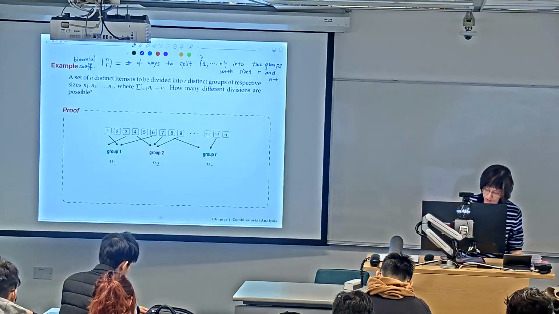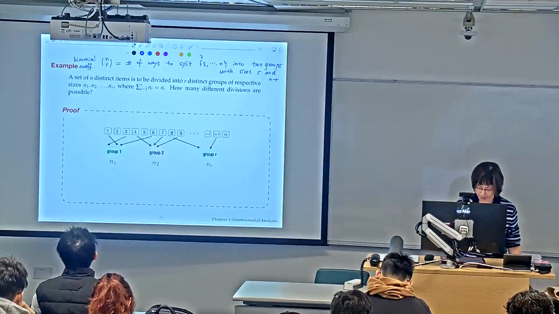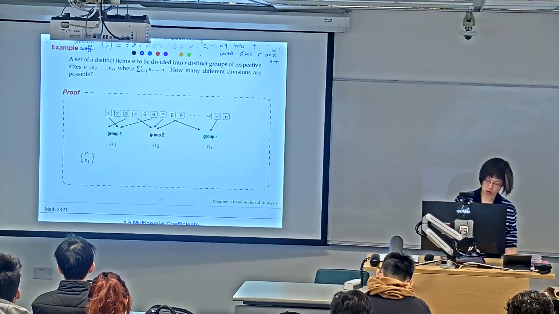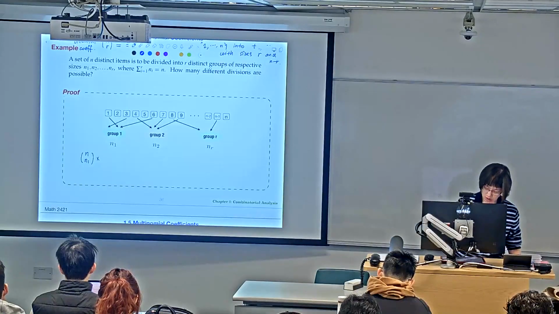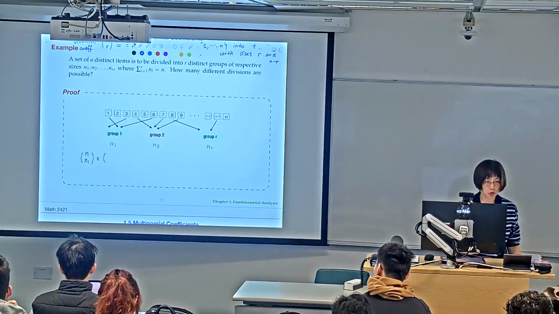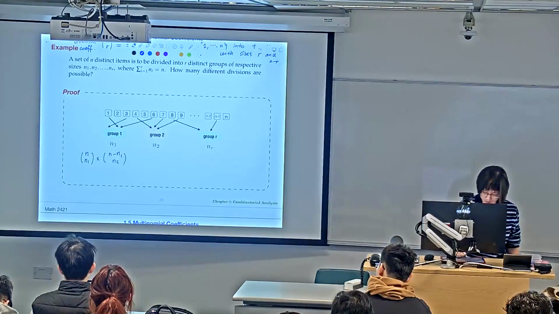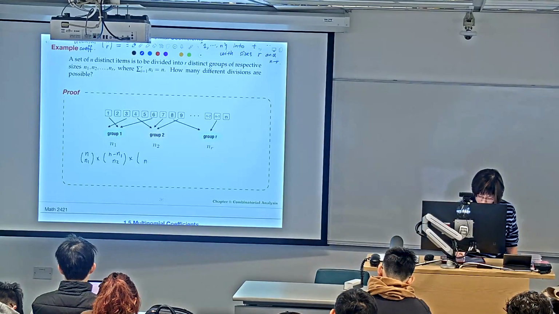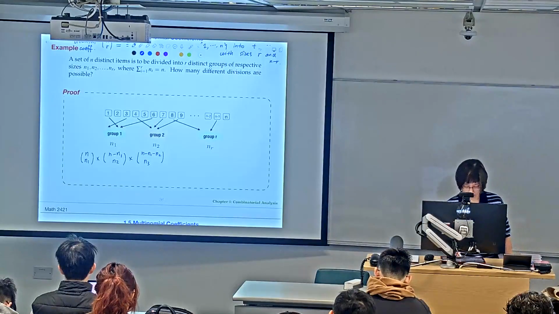So we first choose group 1. That means we are going to choose n1 atoms out of the n distinct atoms. The number of ways of doing that is n choose n1. And then we choose group 2. We are going to choose n2 items out of the remaining items, which is n minus n1, choose n2. And for the third group, we choose n3 atoms from the remaining n minus n1 minus n2, choose n3.